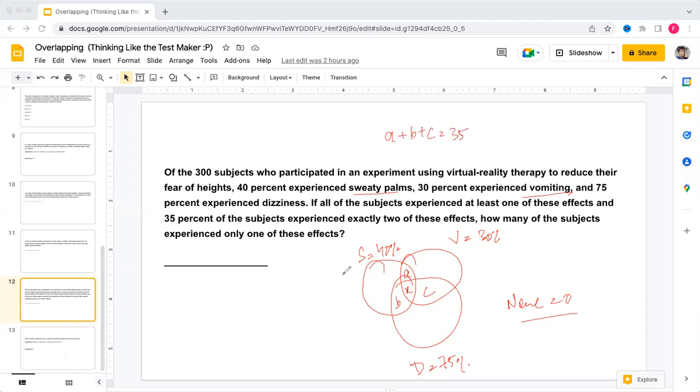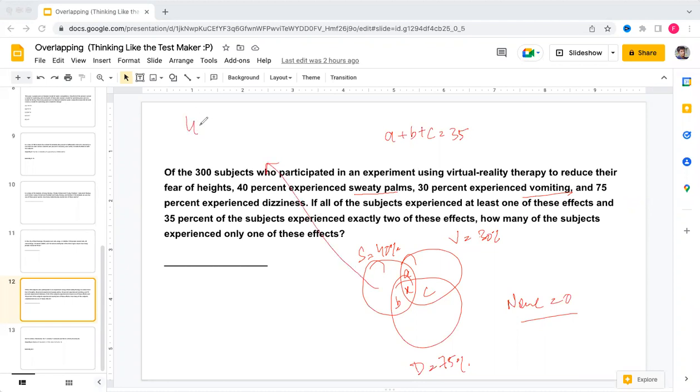So let's try to solve this using the Venn diagram, and this whole must sum to 100%, right? Right now we are dealing with percentages, so let's keep all of these in percentages. So what will be only sweaty palms?